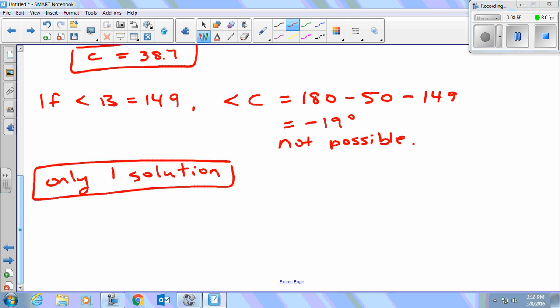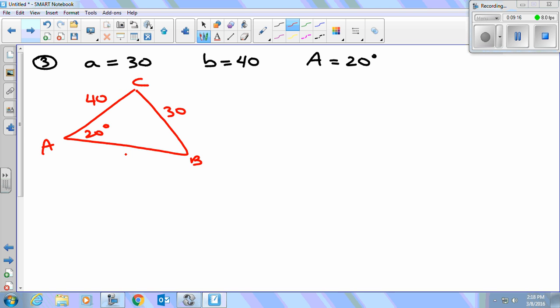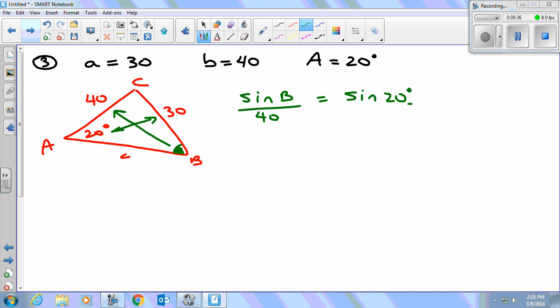So now let's look at a third example where side A is 30, side B is 40, and angle A is 20. Okay, so again, we have a corresponding pair here, so we can use the 40 to find angle B. So the sine of B over 40 will be equal to the sine of 20 over 30.